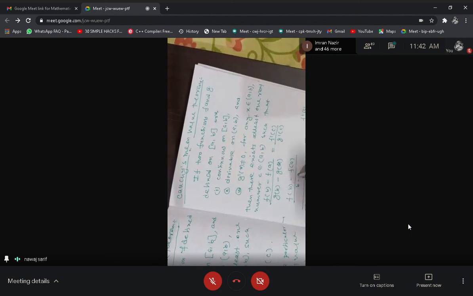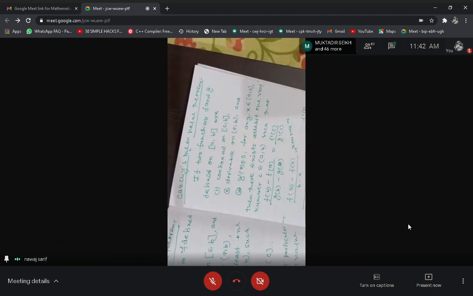And (f(b) minus f(a)) by (b minus a) is the mean rate of change of the function f, and this is also a mean rate of change.